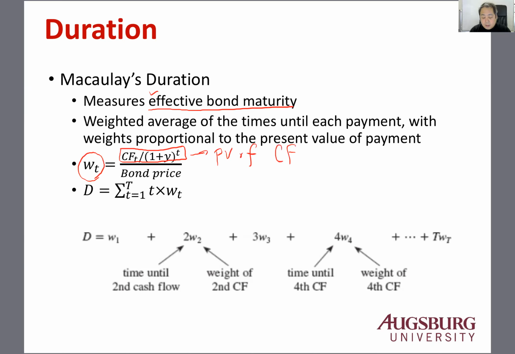Present value of the cash flow at T divided by the bond price. So this weight is the weight of the cash flow relative to the total price. And the duration is now the time T times this weight, and add them up. That's duration.